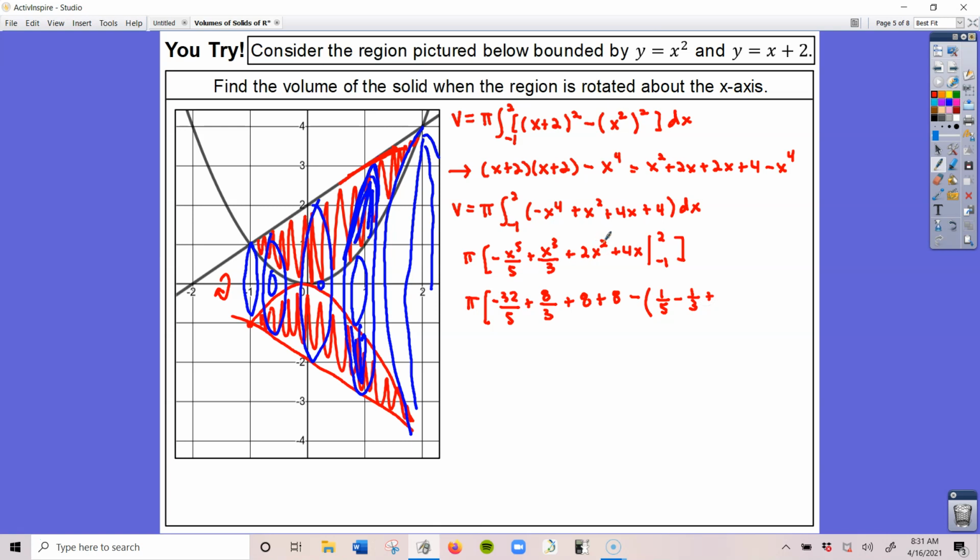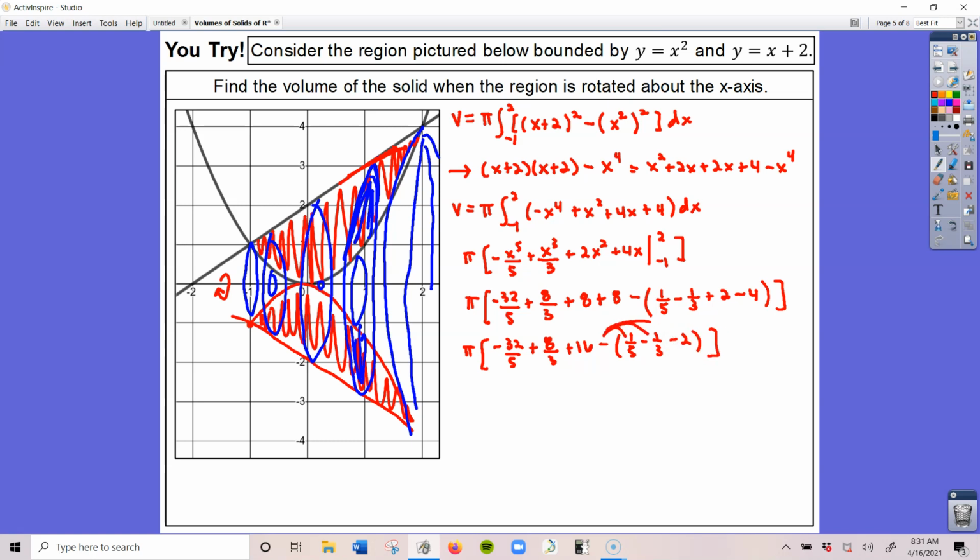Plus -1 squared is 1, times 2 is 2, and then 4 times -1 is -4. So now we're going to combine everything as much as we can. We have the pi. I'm going to leave these fractions until the end. So negative 32 over 5 plus 8 over 3 plus 16 minus 1 over 5 minus 1 over 3 minus 2.